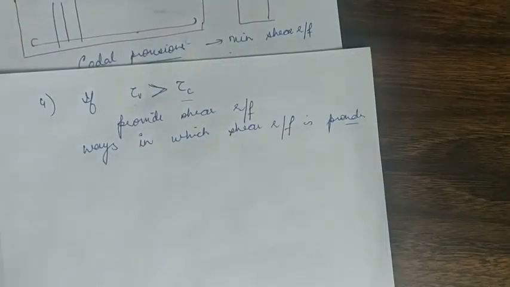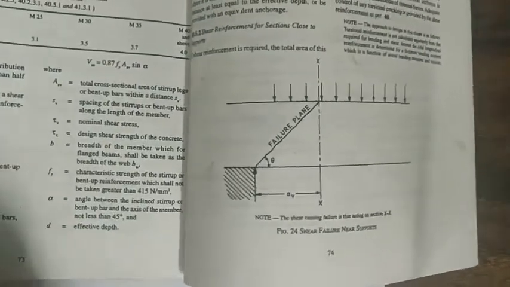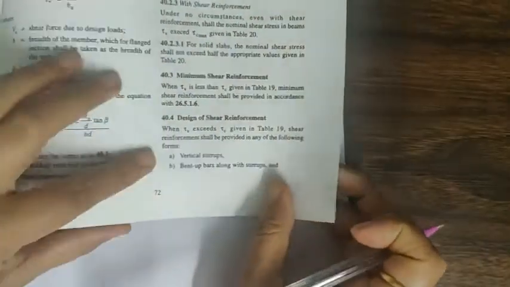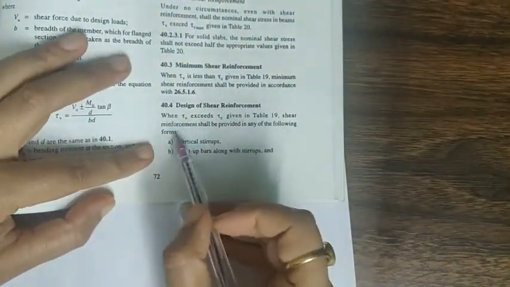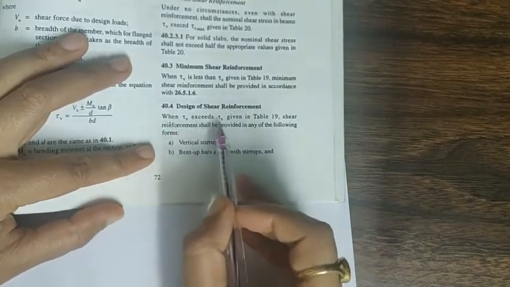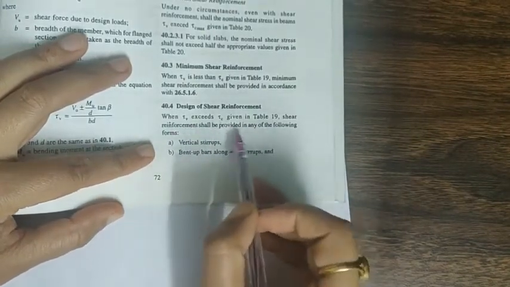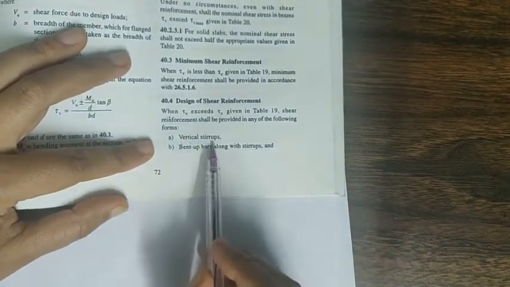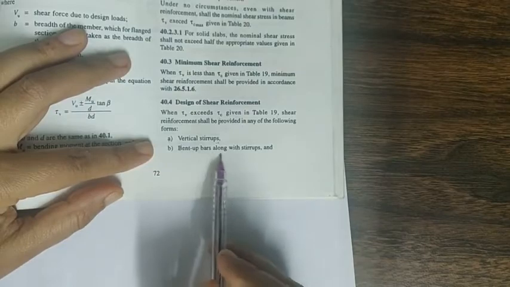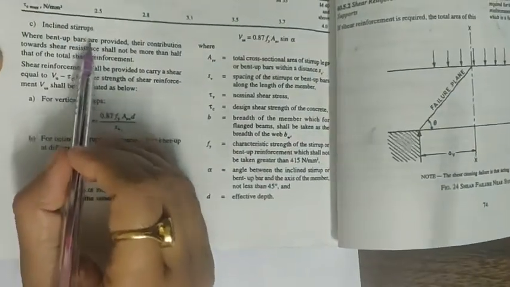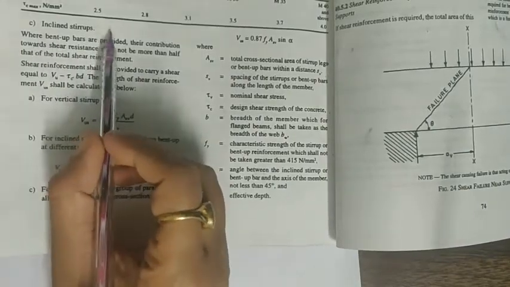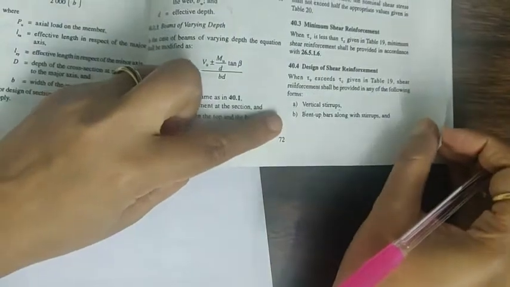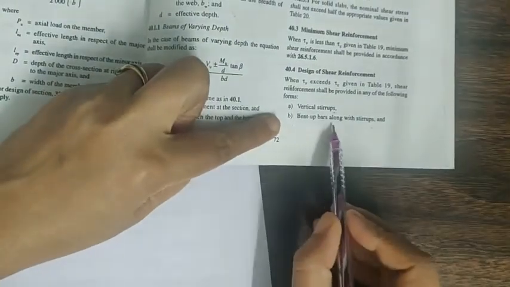In this particular code, clause 40.4 says that if tau V exceeds tau C, shear reinforcement shall be provided in any of the following forms. We can go in for vertical stirrups, bent up bars with stirrups, and inclined stirrups. We usually do not take inclined stirrups. Most of the time we take vertical stirrups, and sometimes we even bend up some bars.